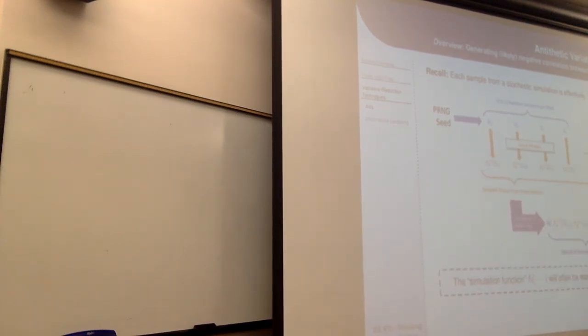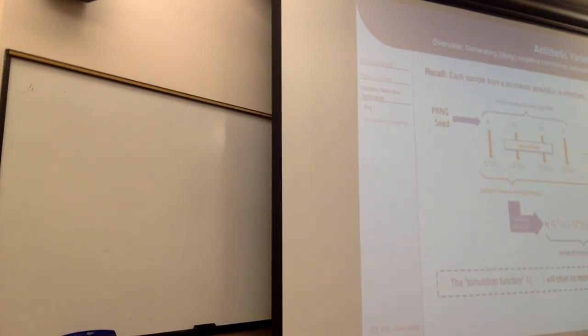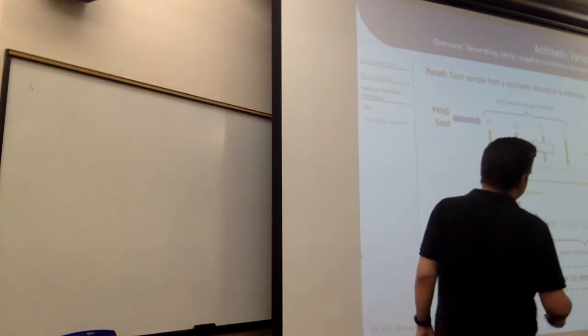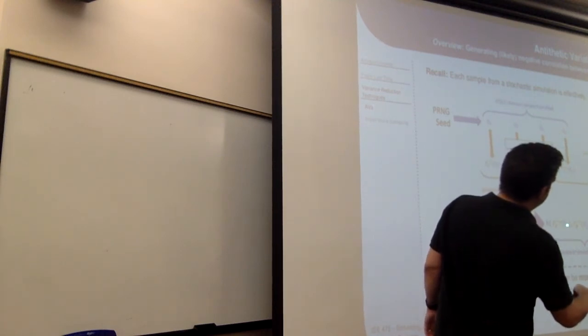So really your whole simulation could be represented as a function h, whose arguments effectively are the uniformly distributed random numbers. And this simulation function will often be, we're going to say, monotonic in these arguments.